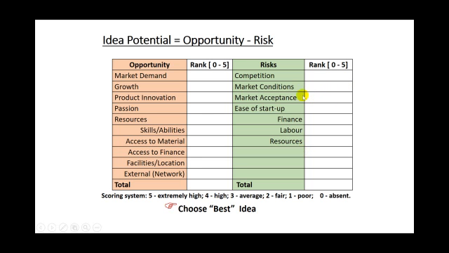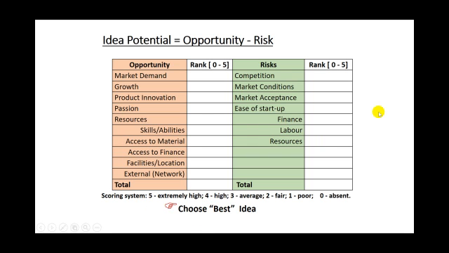You can probably rate it as a 1 or 2. And final example, for the ease of startup, let's say for the resources, you and your group members feel that it's difficult to find resources, it's very risky, there are only a few suppliers with those needed resources, then the risk would be high, and hence you would want to give it a 4 or a 5.